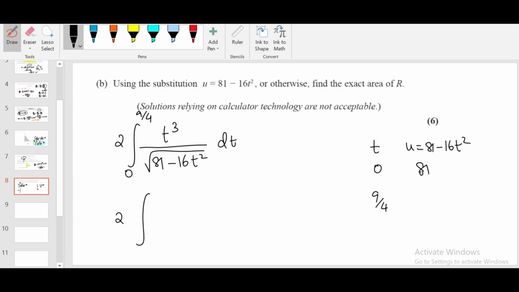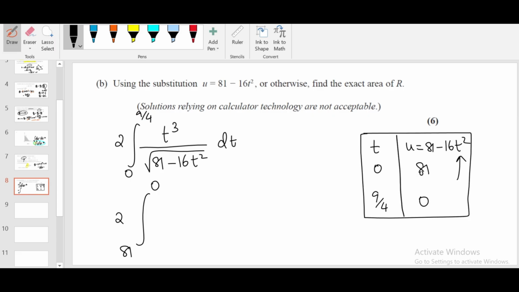When you replace t by 9/4, it becomes 9/4 whole squared times 16, which is 81, and 81 minus 81 is 0. So the lower limit corresponding to 0 is 81, and the upper limit corresponding to 9/4 is 0. Usually for changing the limits, you can draw a little table and show that. That's how you change the limits.